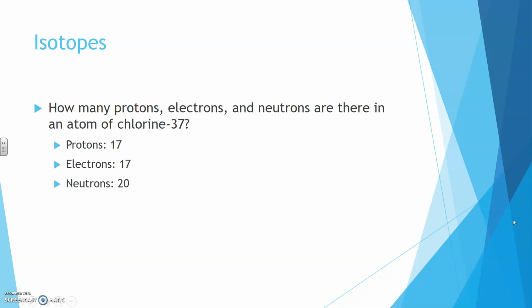And because there is not a charge on your chlorine atom, you have the same number of electrons as you do protons. So 17 protons, got that from the periodic table. Same number of electrons, 17, and then your 37 minus 17 to get your 20 neutrons. And that is this section.